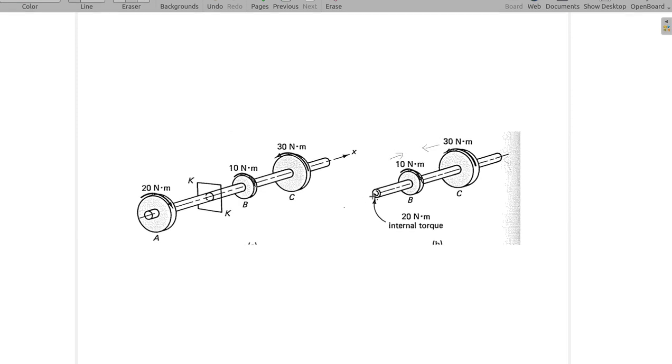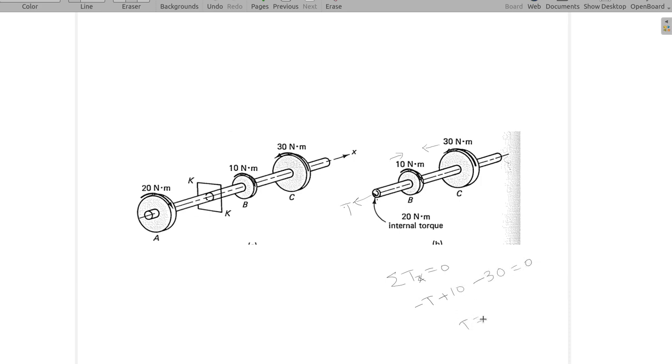If you assume the direction of internal torque resultant to be this, and we call it T, then net torque in x direction is equal to 0, which means minus T, since it is towards left that's why I'm taking negative, plus 10 minus 30 is equal to 0.